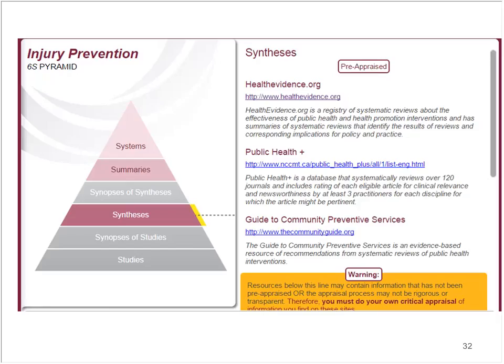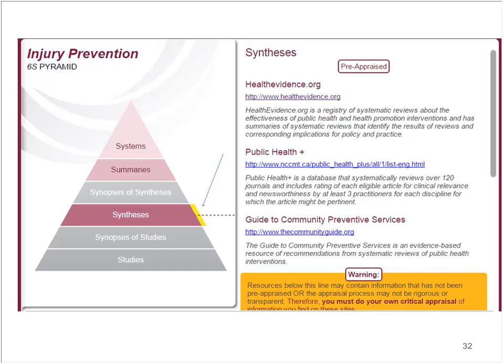If that's the case, if you don't find anything quite on target under summaries, you move a little bit down the pyramid. So I'll take that middle cluster, synopses of syntheses and syntheses, and show you what the pyramid suggests in terms of the databases that you can go to.